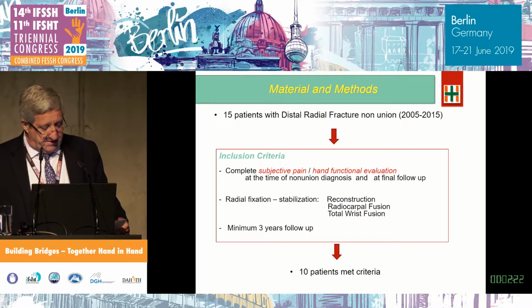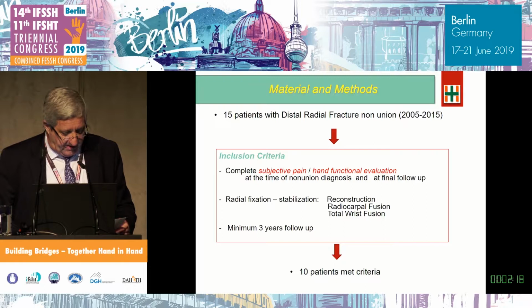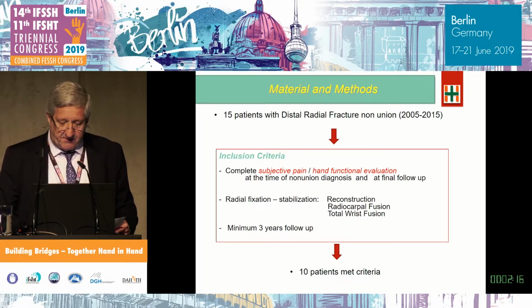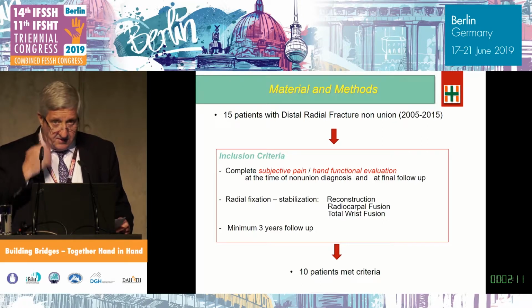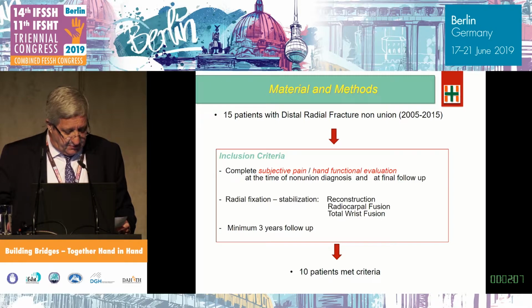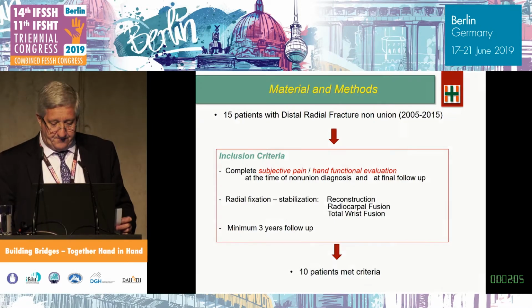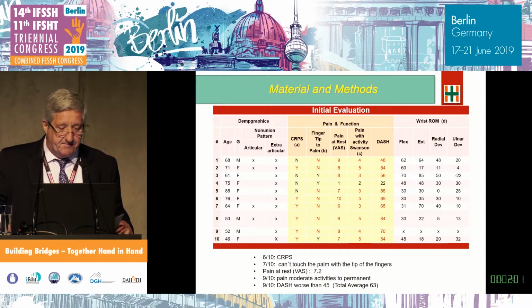We included those patients who had complete PROMs for pain and hand functional subjective evaluation, surgically stabilized with different ways, and at least with 3 years follow-up. This included 10 patients.